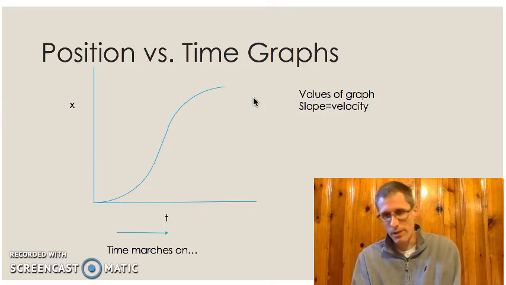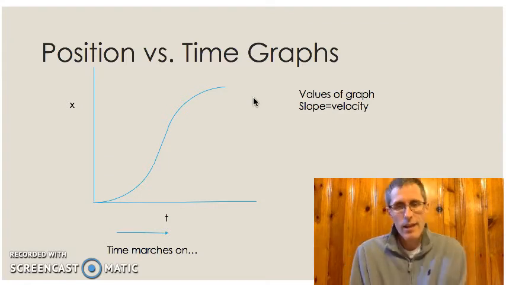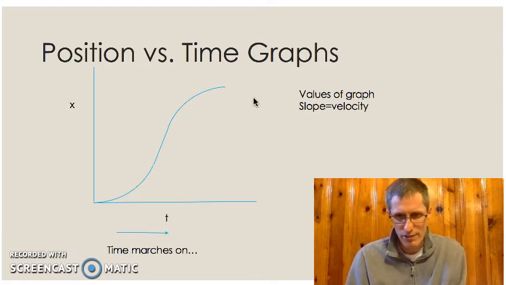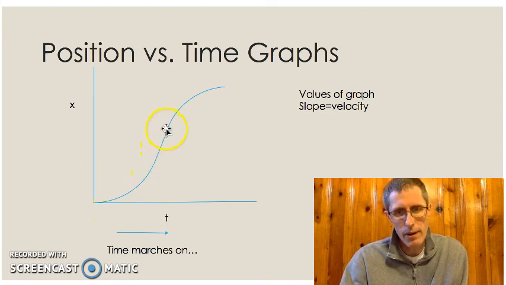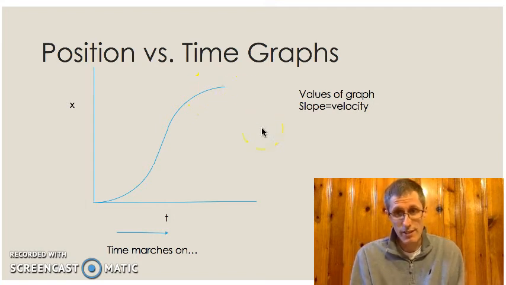We don't really know any details about how it's doing that, but it's moving in the forward direction. Great. The other thing to look at here is that there are actually three different kinds of motions. There's this upward bend here, there's a straight part, and there's a downward bending. And those are going to be three different and distinct types of motions.